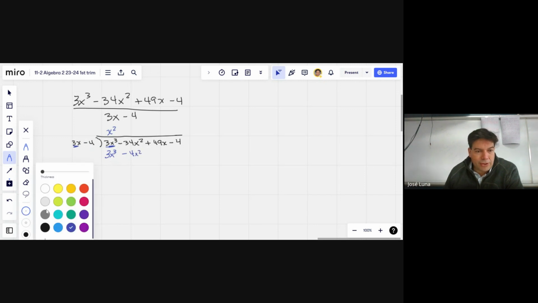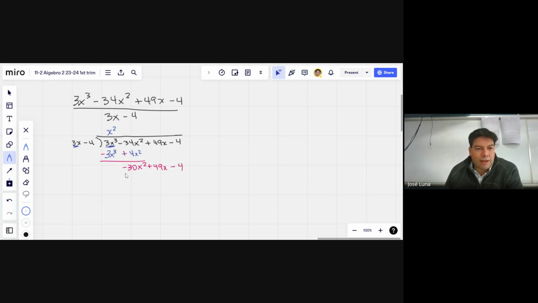Okay, and then we subtract, which means we're going to change the signs and add. Cancels. Negative 34x squared plus 4x squared is negative 30x squared. And we bring down the others. Plus 49x minus 4.